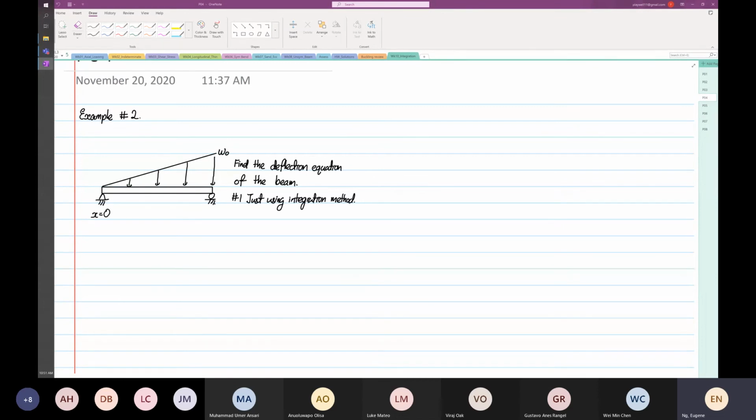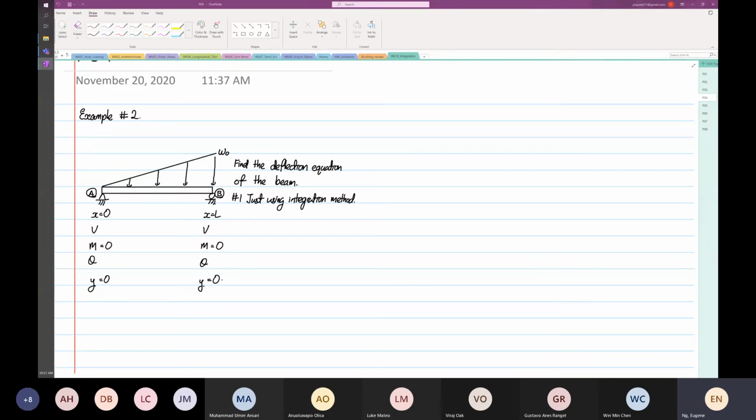So this is x equal to 0, x equal to L, our point A and our point B. So V, M, theta, y. At point A, when x is equal to 0, M is equal to 0, y is also equal to 0. And at x equal to L, M is equal to 0, y is also equal to 0.